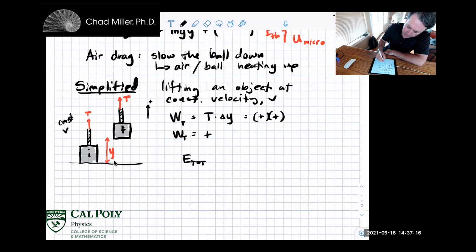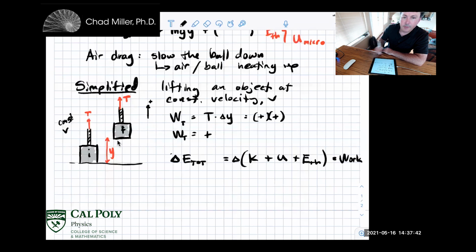The total energy is K plus U plus thermal energy, and we want to know how the total energy changes from initial to final. So if I put a change in total energy, that means I need to put a change in all these individual things, and then the amount that it's going to change is going to be equal to the amount of work done on it.